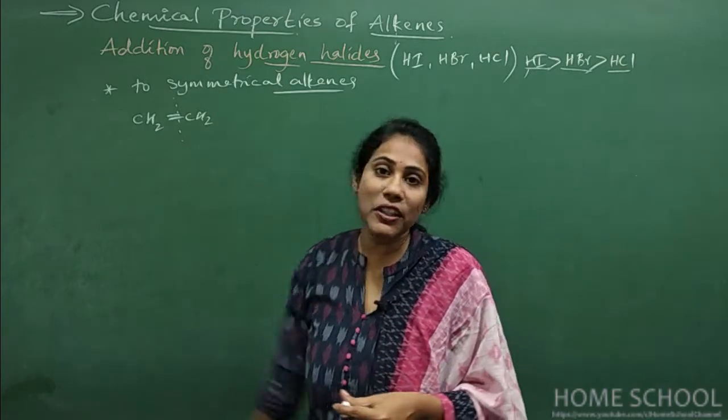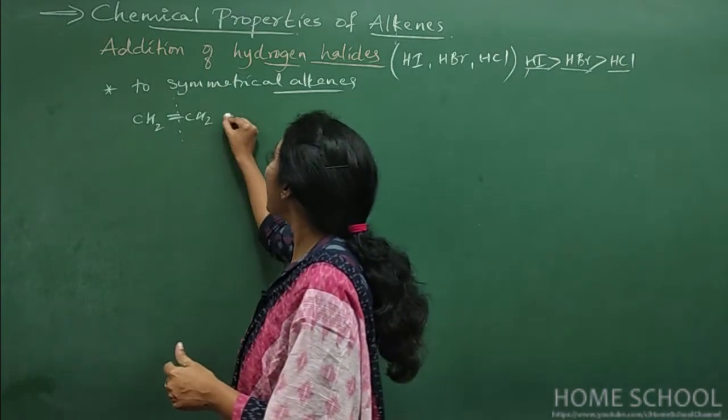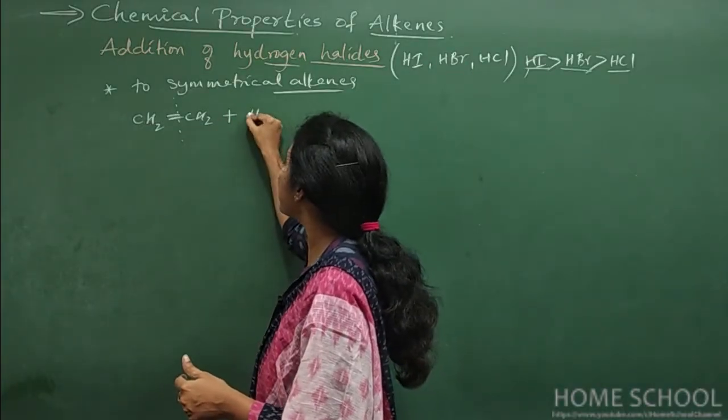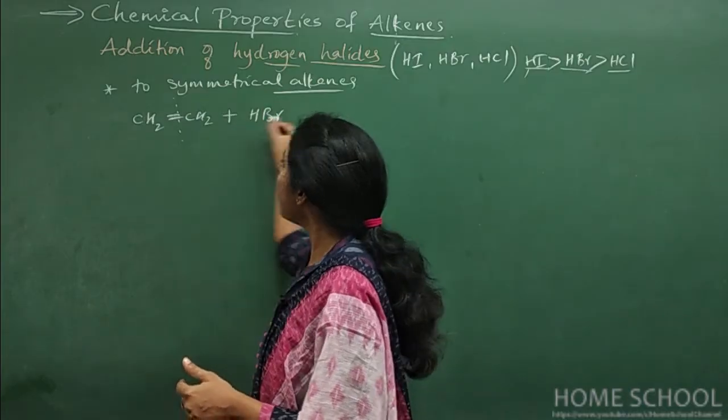Ethene is a highly symmetrical alkene. So let me add HBr to this symmetrical alkene.